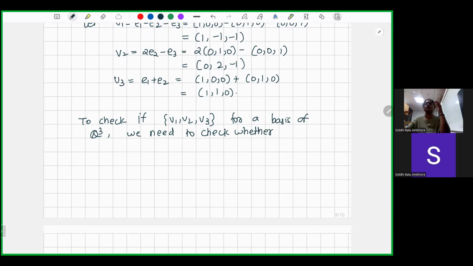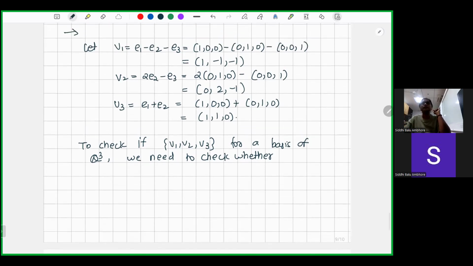We know the dimension of Q3 is 3. So we have 3 vectors. So if they are linearly independent, then they will form a basis. So we know these statements, right? That a linearly independent set of cardinality equal to the dimension will form a basis of that vector space.